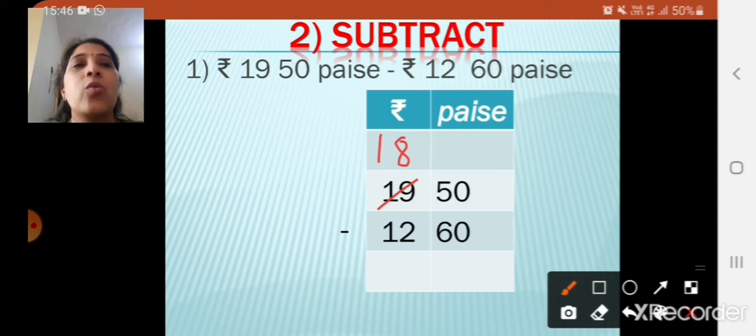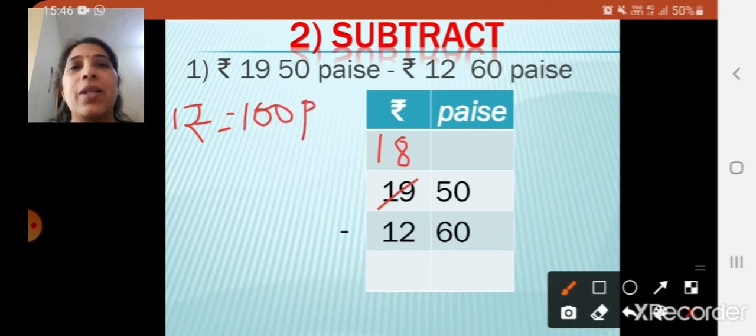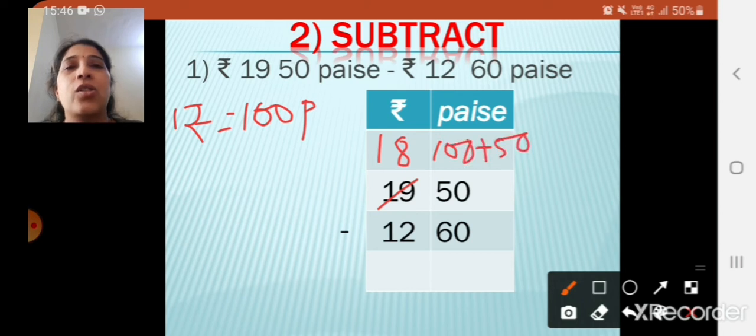Now 1 rupee is equal to, children, how many paise? It is 100 paise, right? Do you remember this? 1 rupee is equal to 100 paise. Now what we will do, we will write here 100 plus 50. So what it becomes?